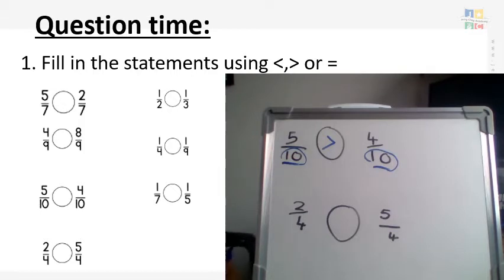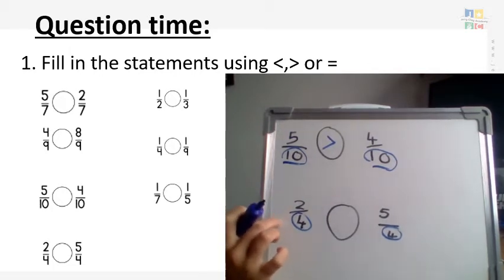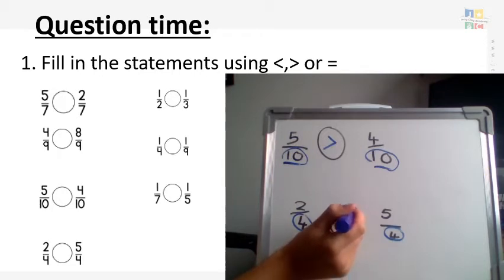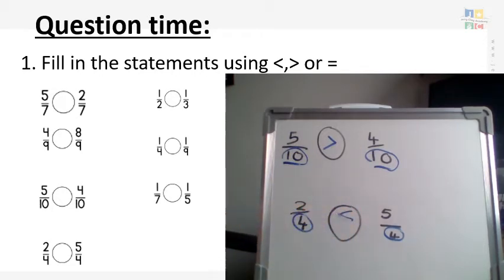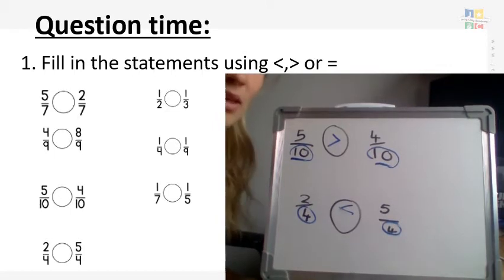Okay, let's look at the next one. Again, we've got the same denominator, so I can look at my top number. I can see that 2/4 is less than 5/4. Now, 5/4 is over a whole. So if we were to draw it, it would look something like this.